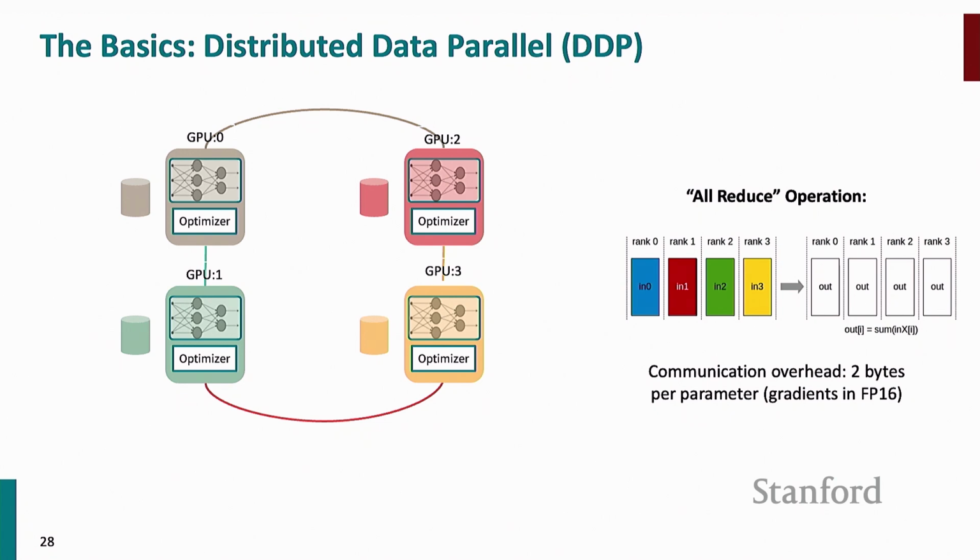It merges everything together and then distributes it to all of the GPUs. And the communication overhead of doing that is 2 bytes per parameter, because remember we have FP16 gradients. So 2 bytes per gradient, and then this needs to be communicated, and so the overhead is 2 bytes per parameter. Okay, so that's the all-reduce operation.